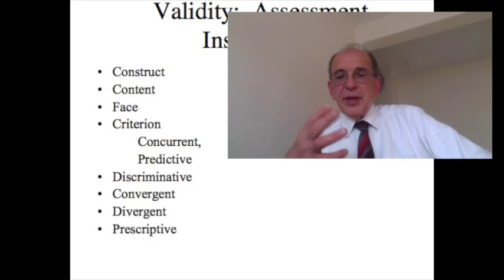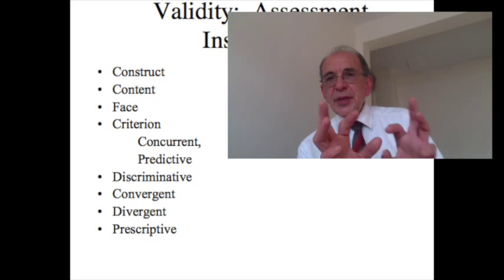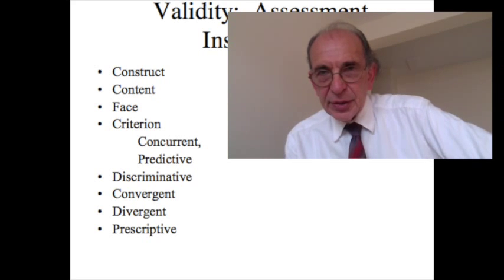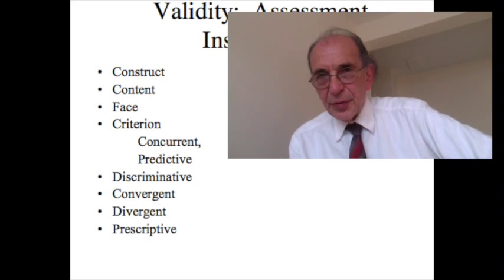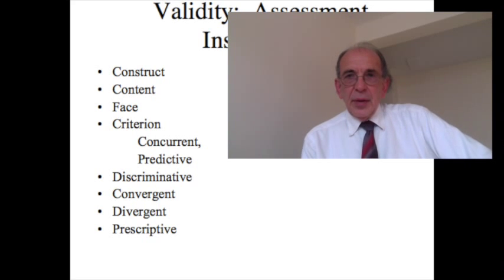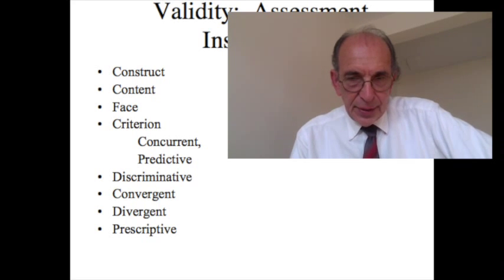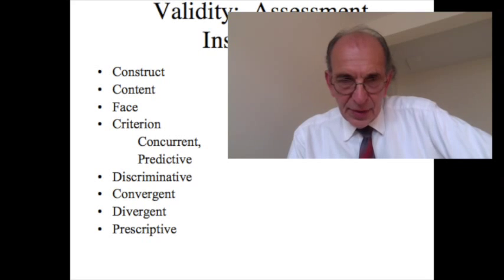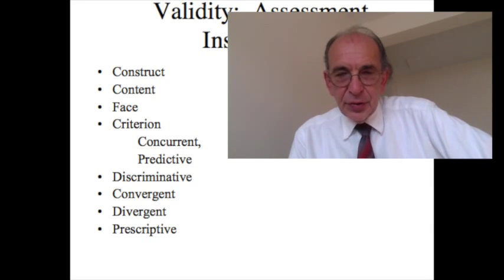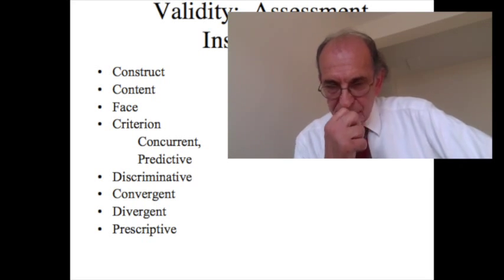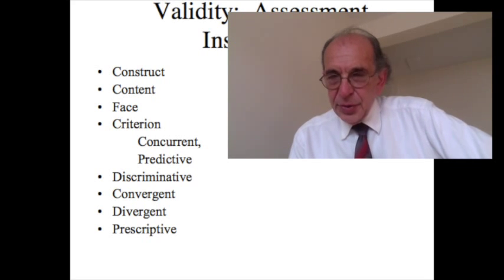Many of these validities, by the way, overlap to some extent. I think what I said about discriminative validity had some overlap with some of this material. But keep that in mind. You'll see these often used slightly differently across different assessment instruments. Also, please read your textbook and see what the people who created that textbook have to say about validity.